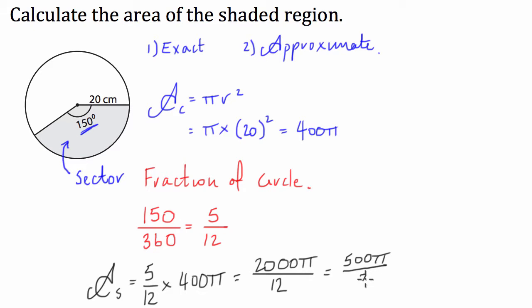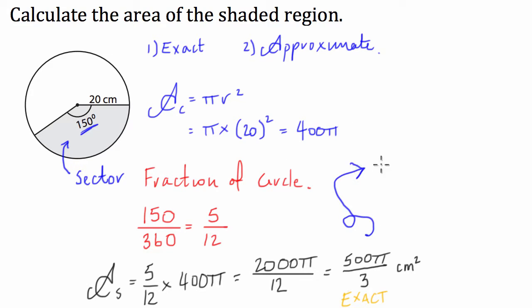Four goes into 12 3 times. So this here cannot be simplified anymore. So this is our exact value of the area of this sector. This is centimeters squared. So this one here is our exact value.